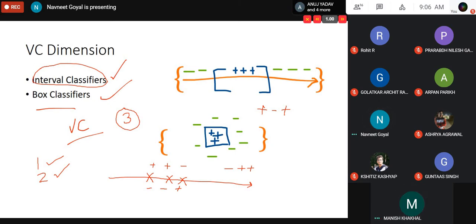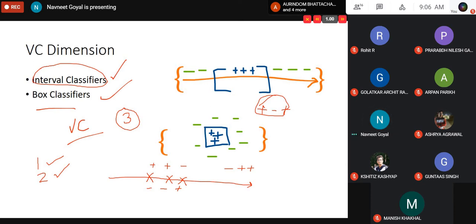No. So right now what we have been doing is enumerating all the possible labelings and trying to see if there are some labelings for which we don't have a solution. So if the points are labeled like this, a negative in between the 2 positives, then we don't have a solution for this problem.